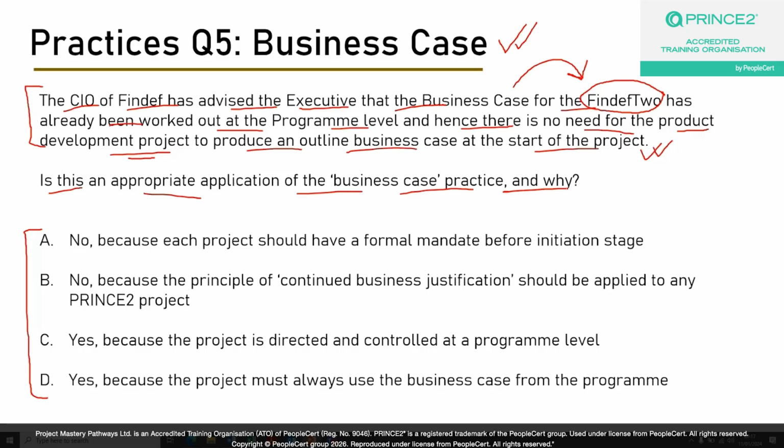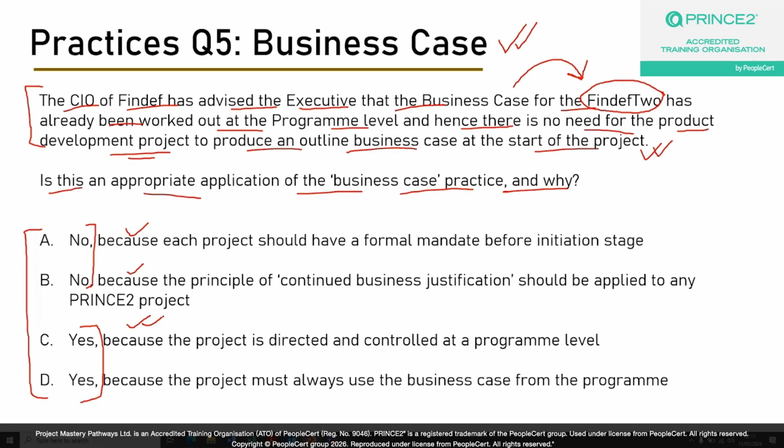Okay, let's look at the options one by one. Again, there are two schools of thought that have been provided. One school of thought is saying that no, because of some reasoning. The second school of thought is saying yes, because of some reasoning as well. Okay, now again, if you are an experienced or adept PRINCE2 exam taker, you'll be able to eliminate 50% of the options if you know that it is not correct to start a project without a proper outline business case, even if the program level has a business case of its own.